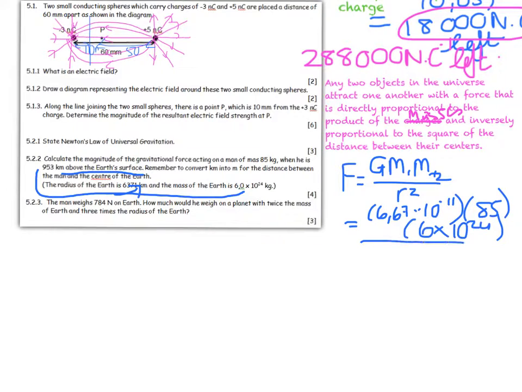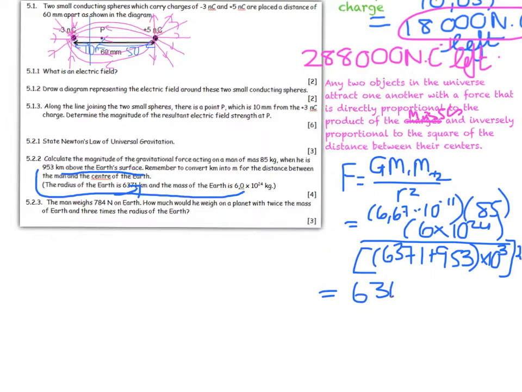Multiply those all together and then divide by 6371 plus 953, all of that times 10 to the 3, because I want to make it into meters, and then square it. And when I get an answer, it is 634.16 newtons.